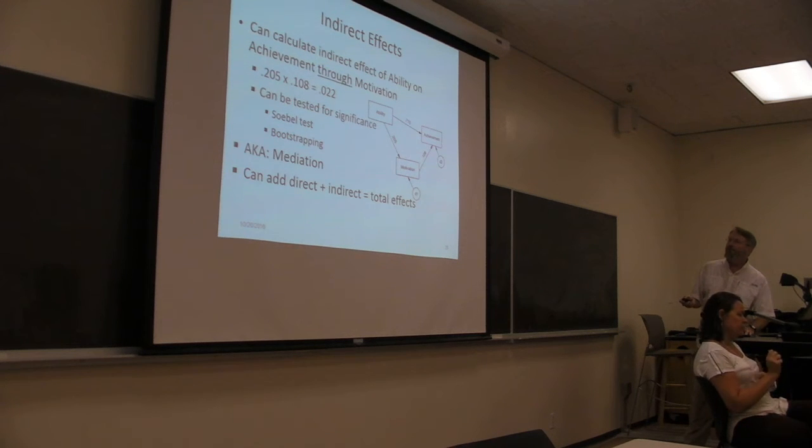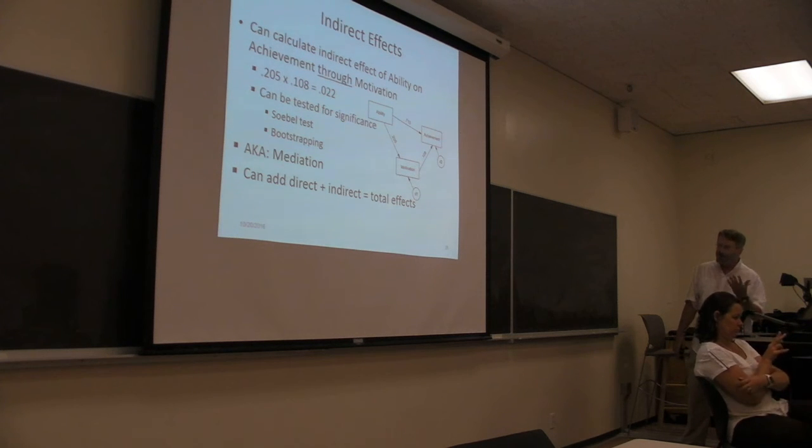We can use this model very simply to calculate the indirect effect of ability on achievement through motivation. We do it by multiplying those two paths: 0.205 times 0.108. The indirect effect of ability on achievement through motivation is 0.022.